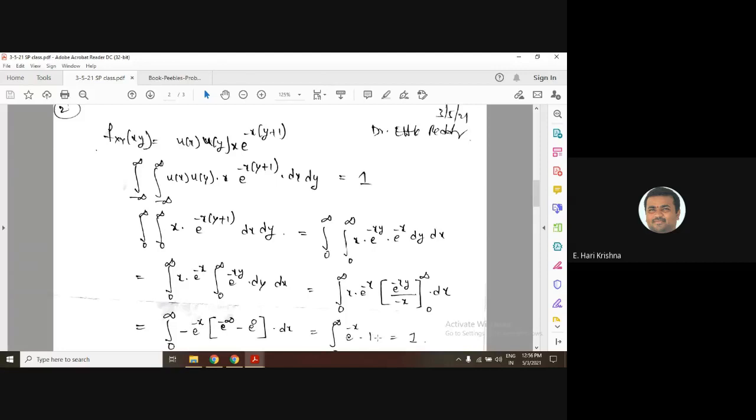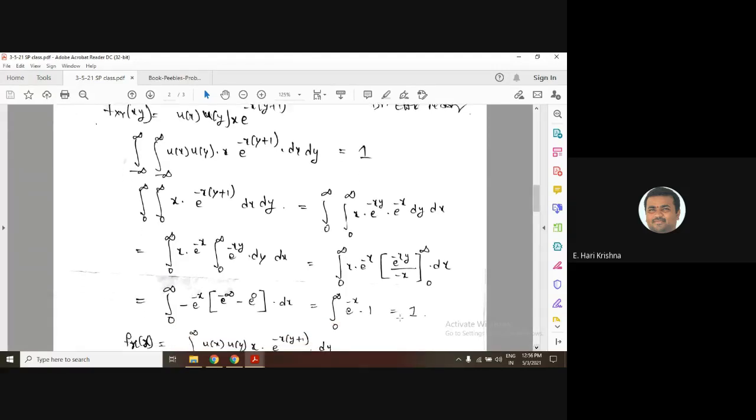Here dx was missing, I had done it wrong. It is e power minus x into 1 into dx. Again you can show its value is unity. So the first property is done. The area under the probability density function is equal to 1. We have shown that its value is unity.